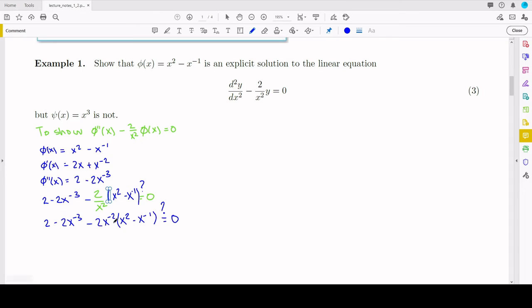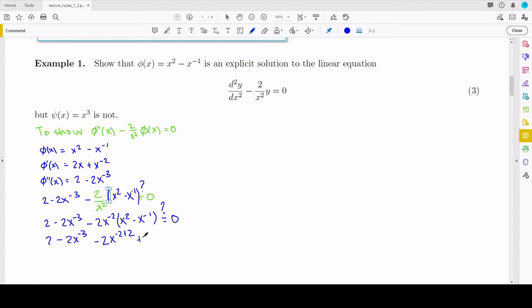So now we have to distribute this. So we'll keep this for now. And x to the power negative 2 times x to the power 2, we add the exponents when we multiply. So negative 2 plus 2 gives you 0, and then x to the power 0 is just 1. So that first part just gives us negative 2. Maybe I'll just write this out so you can see where that comes from. And then for the second part, we have negative 2 times negative 1.